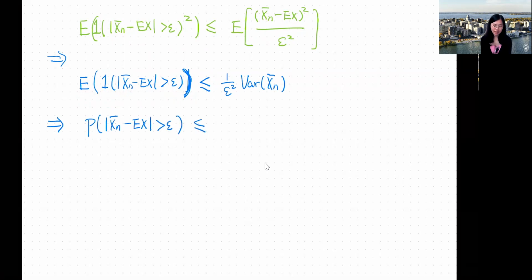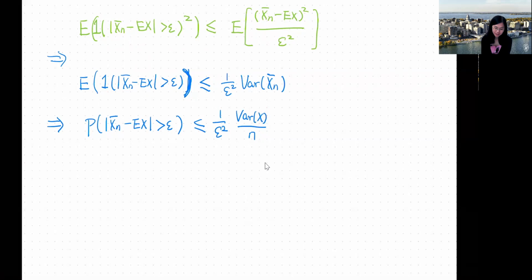And on the right-hand side, 1 over epsilon squared doesn't change. But for the variance of X bar, we have done this calculation before. The variance of the sample average in the context of an IID sample equals the variance of X divided by n. So X is a generic random variable following the population distribution.